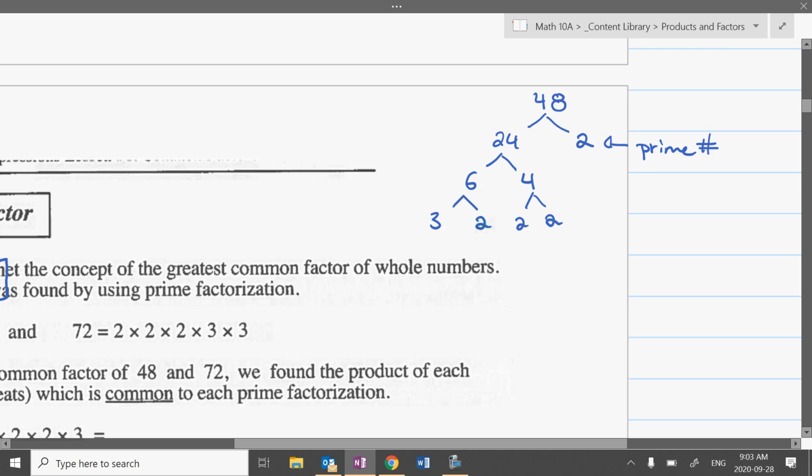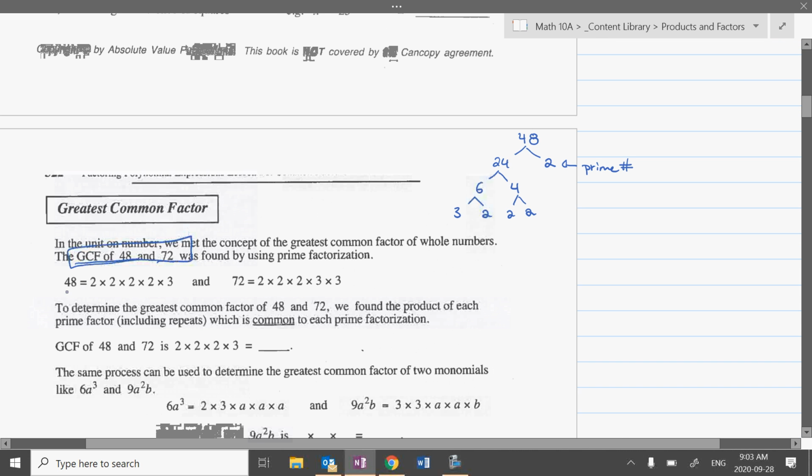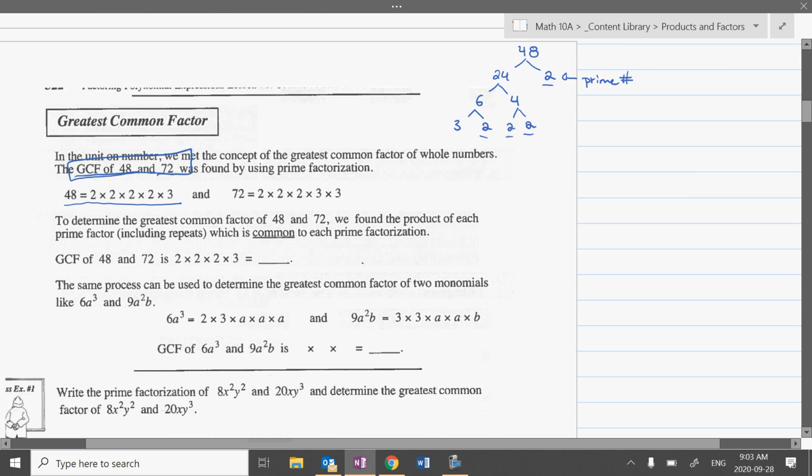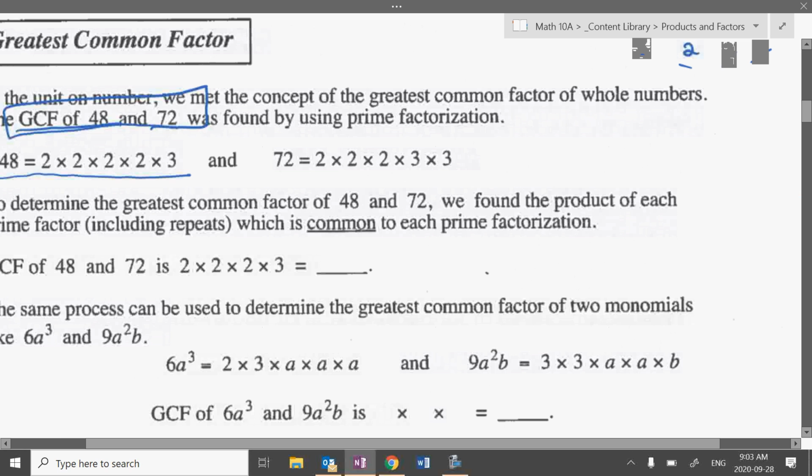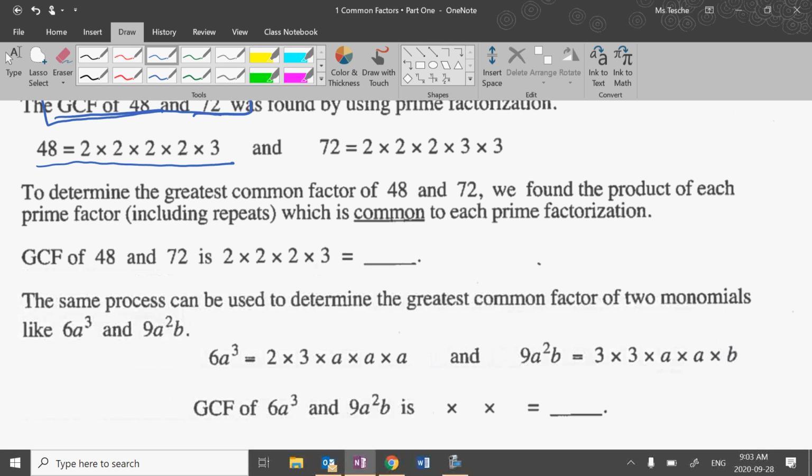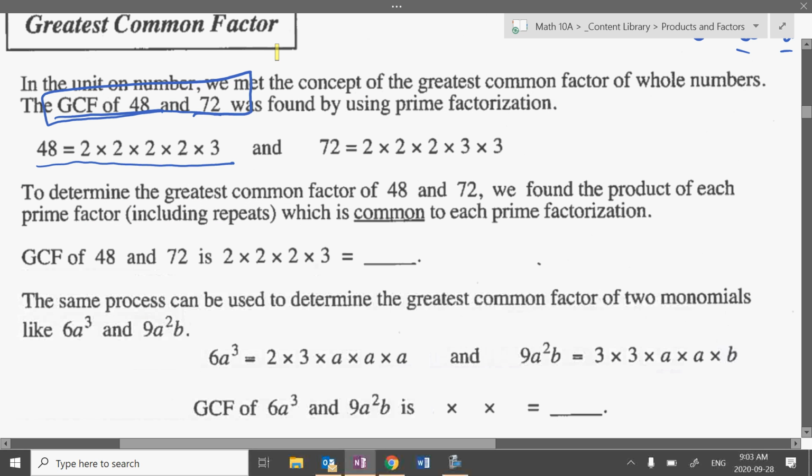Good. So they've come up with their list here. So for 48, they wrote out 1, 2, 3, 4 2s. I also have 1, 2, 3, 4 2s in mine. Then they have their 3, and they did the same thing for 72. So when you're figuring out your greatest common factor between two numbers, you're going to see how many common pieces there are between the two. So 48, we just counted, had 4 2s. 72 only has 3. So that means there are 3 2s common in both of them, as well as a 3.